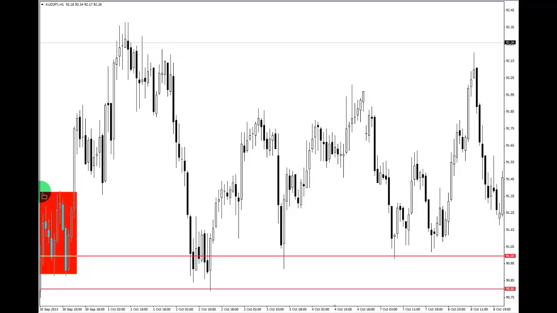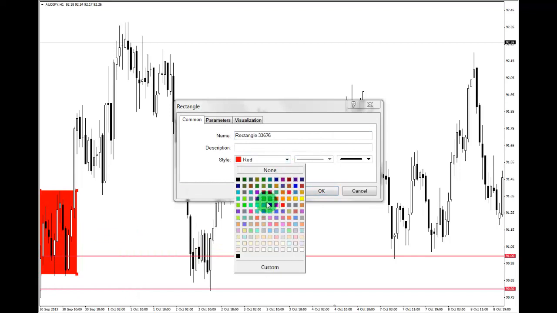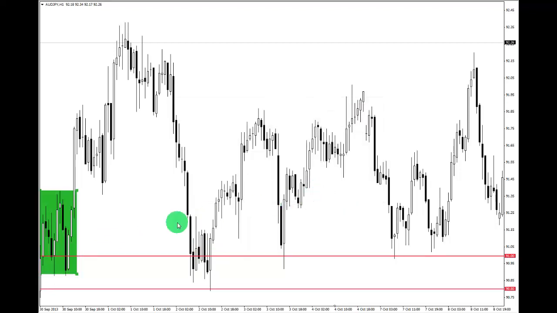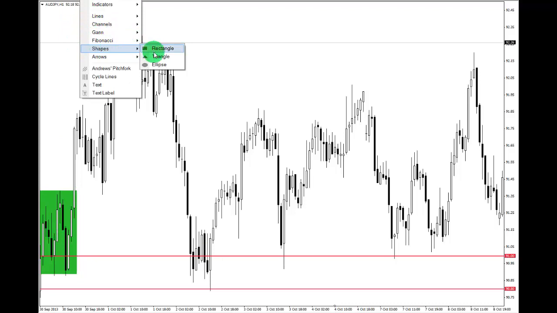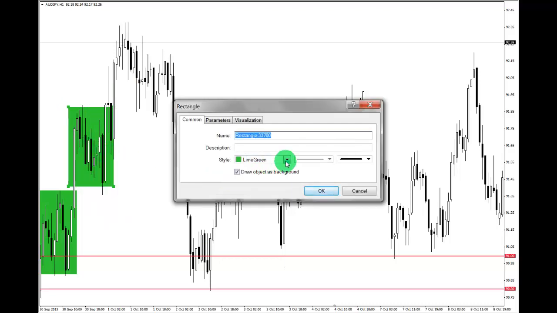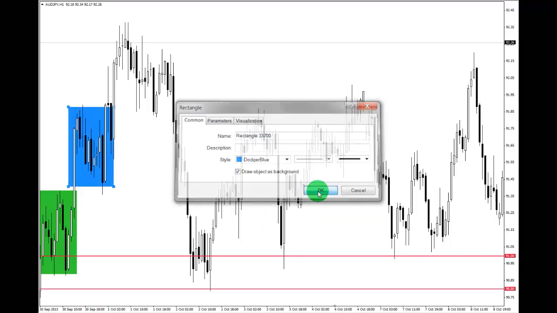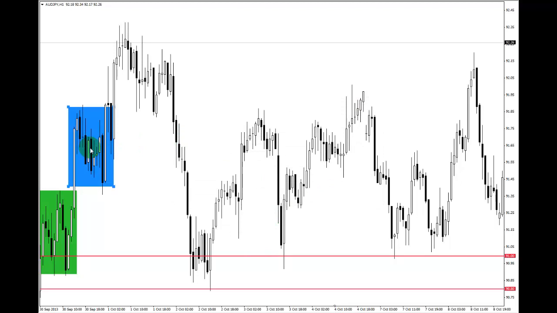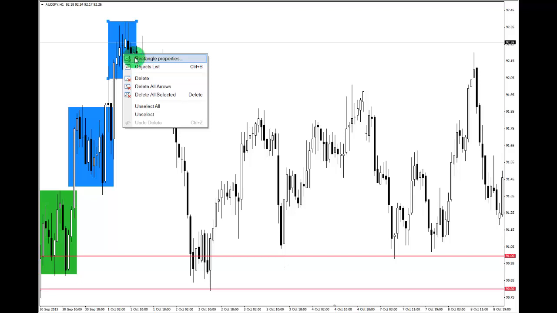We have the original consolidation in here. We have the reaccumulation. We have the smart money reversal.